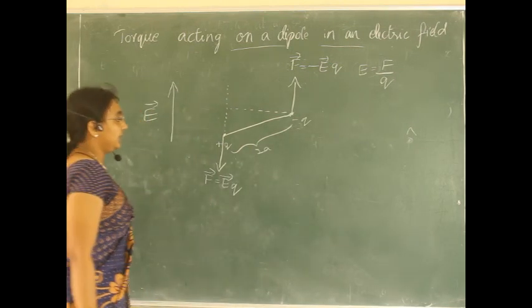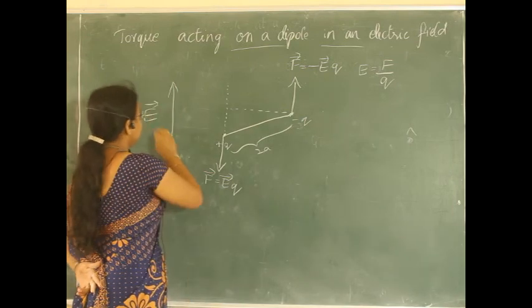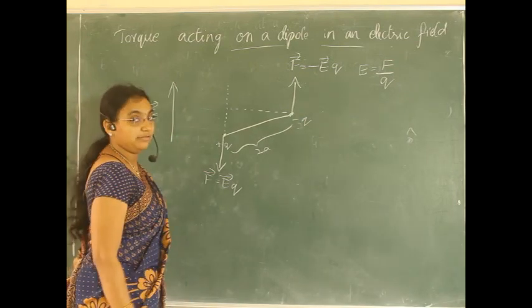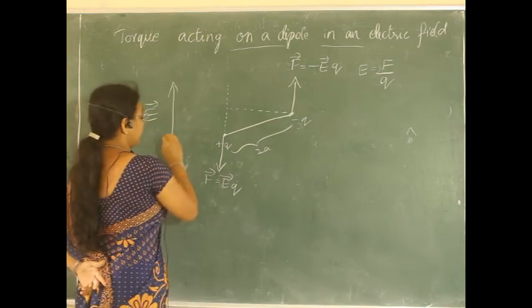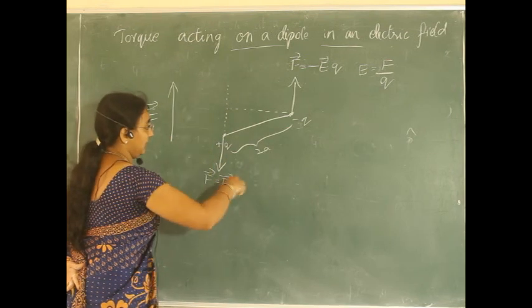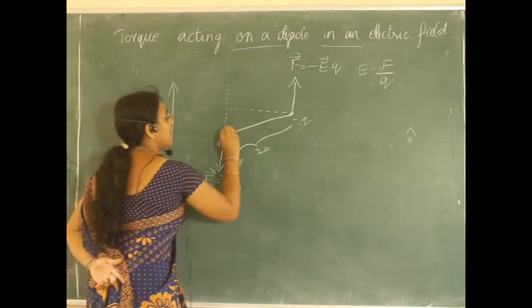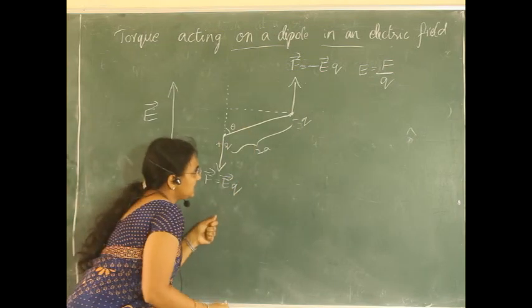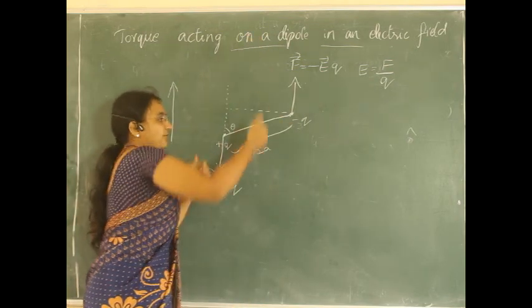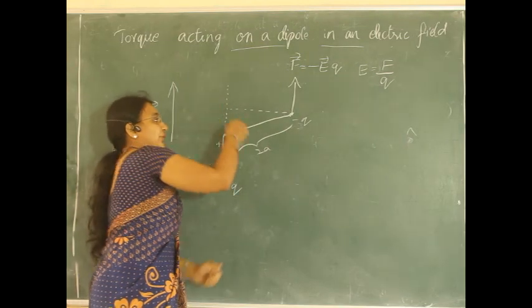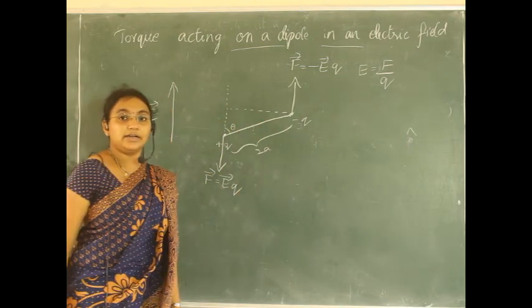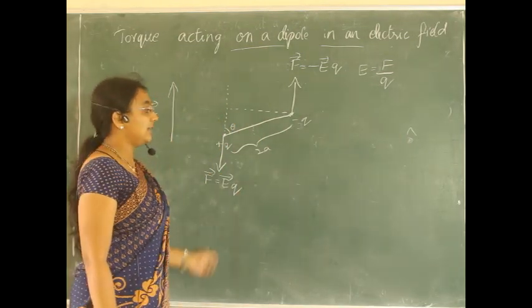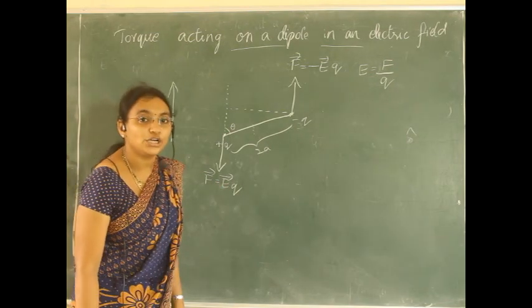The electric field we are talking about here is only the external electric field, that is E vector. A uniform electric field is acting. There is some angle between them. One force is acting like this, another force is pulling the other way, therefore it will try to rotate. It will try to rotate, and there comes the torque.